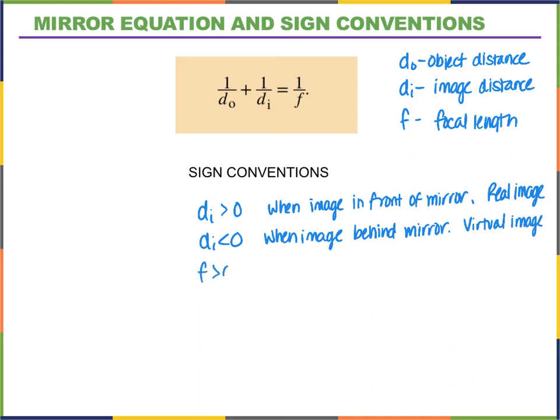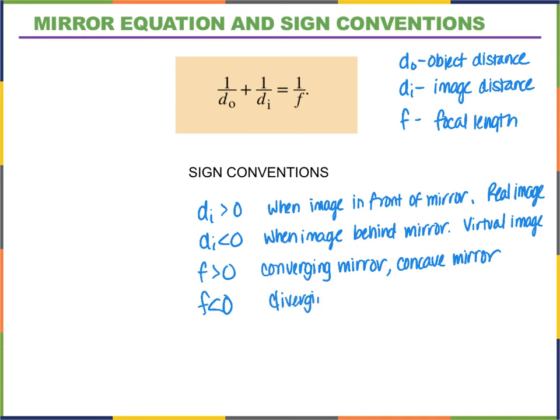The focal length is positive for a converging mirror. That's a concave mirror. And the focal length is negative for a diverging mirror. That's a convex mirror.